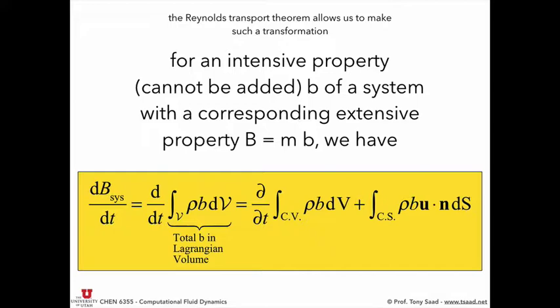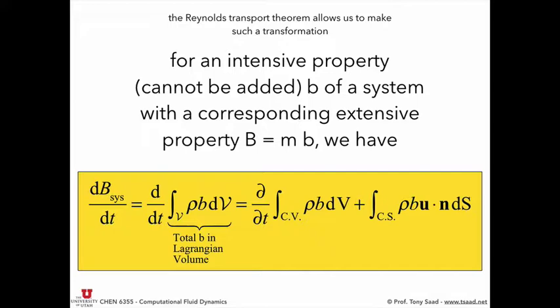For a collection of material points, they all have the same b, right? But their mass is the integral, okay? So now for a property B of the system, so the total B in the system, that is going to be the integral over the volume of b delta m, okay? Because really, lowercase b is capital B per unit mass.